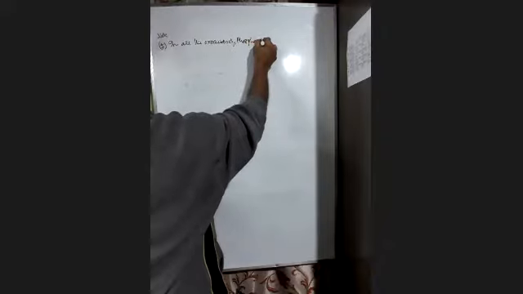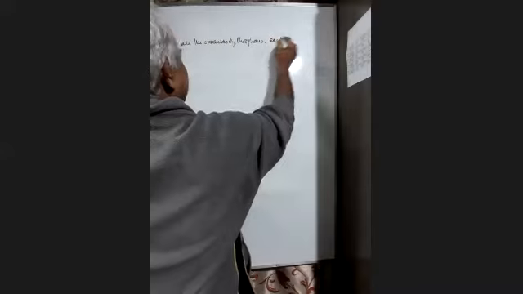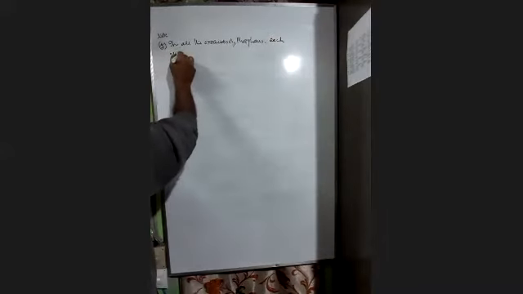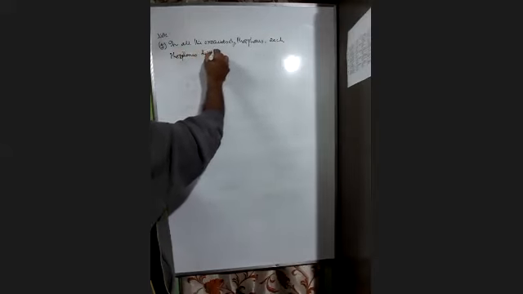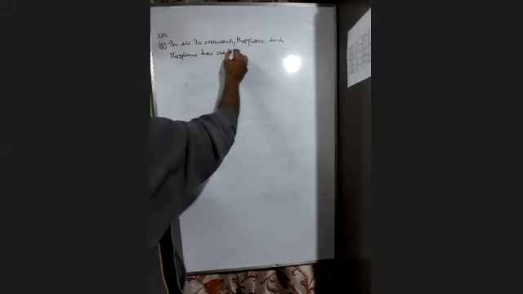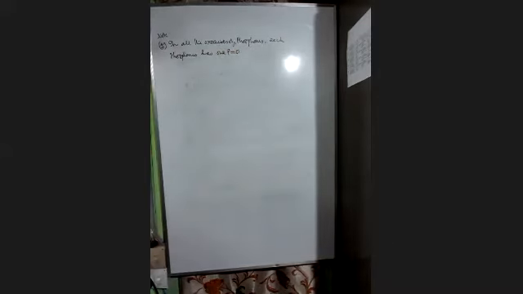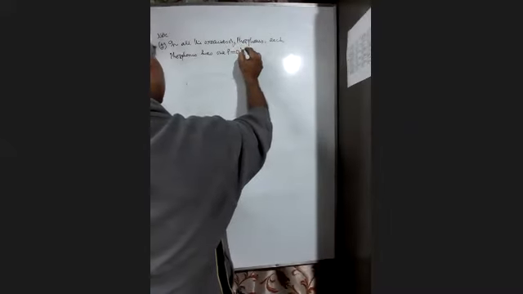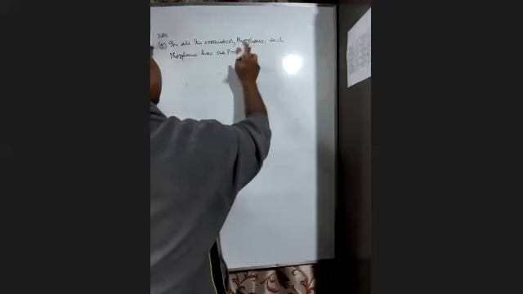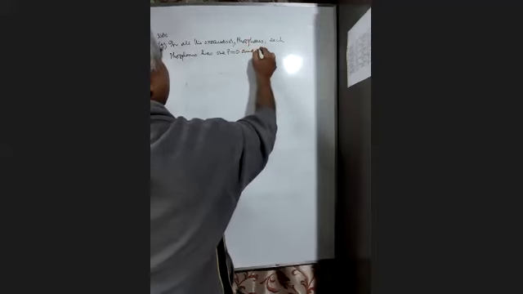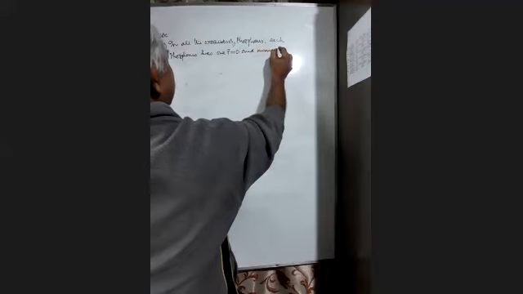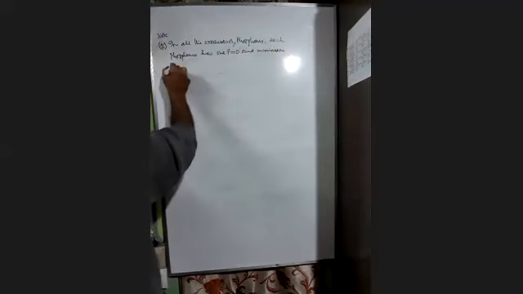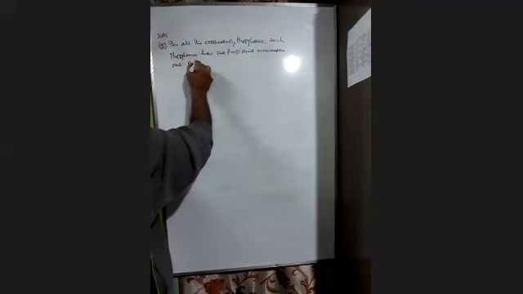phosphorus, each phosphorus has one phosphorus-oxygen double bond, and minimum one phosphorus-oxygen OH bond.